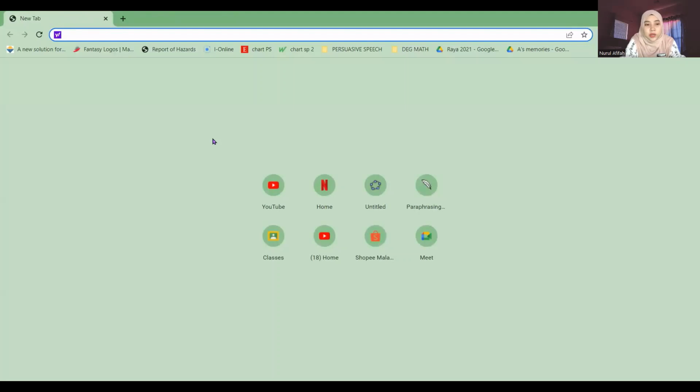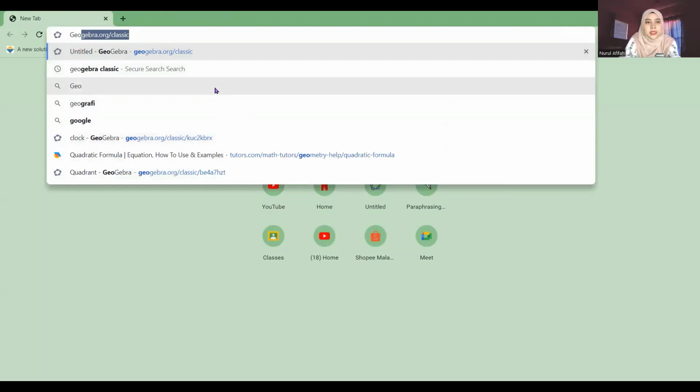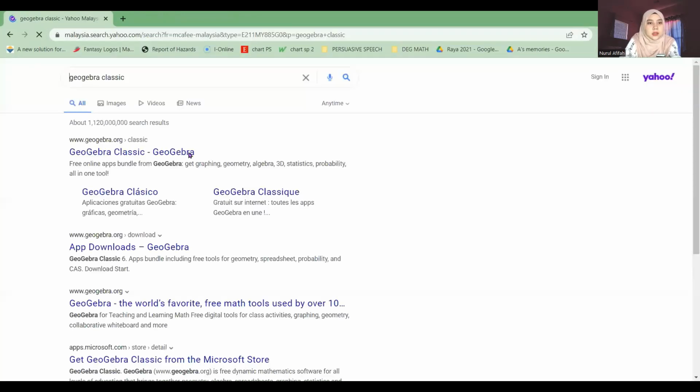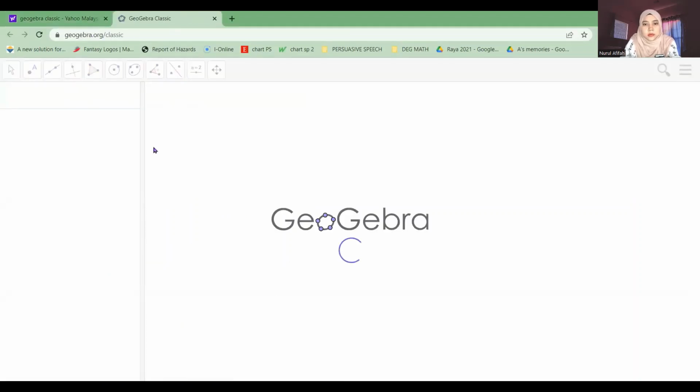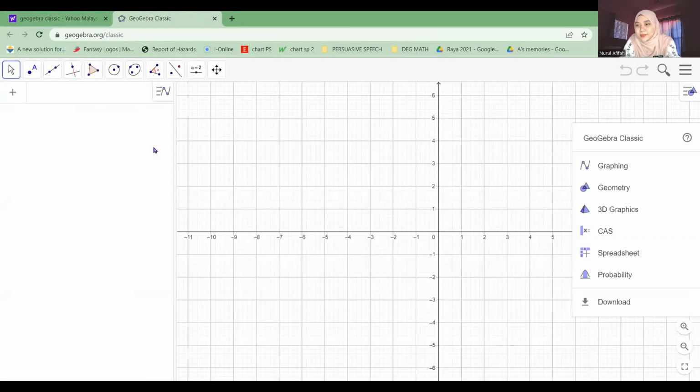Okay, right now I want you to open your Google Chrome or Mozilla or anything else that you can search with. Search GeoGebra Classic and you take the first one, okay? Can you get it? Did you get it?